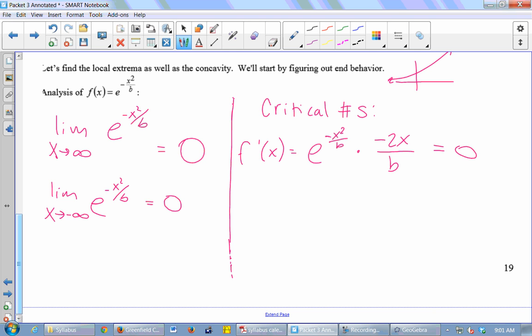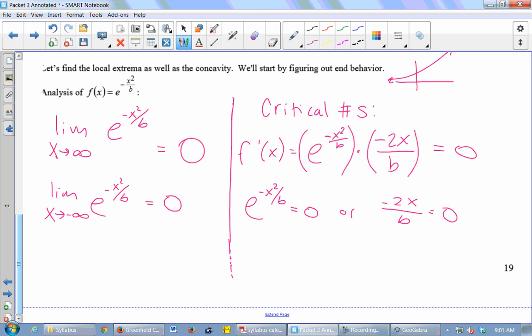Well, I'm multiplying two things together, right? I'm getting an answer of 0. So I could set each factor to 0 separately. So e to the negative x squared over b equals 0, or negative 2x over b equals 0.